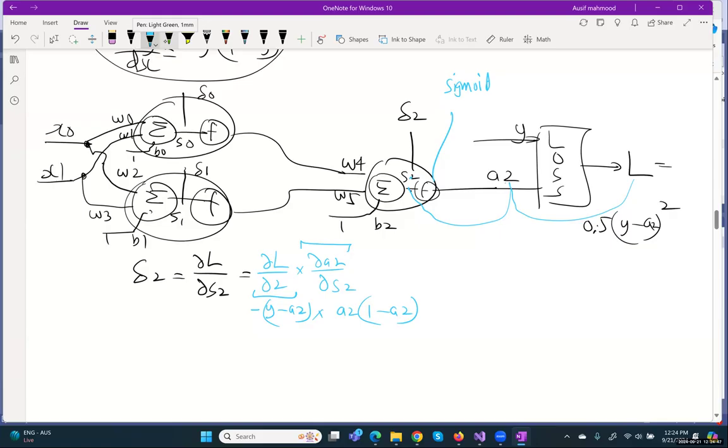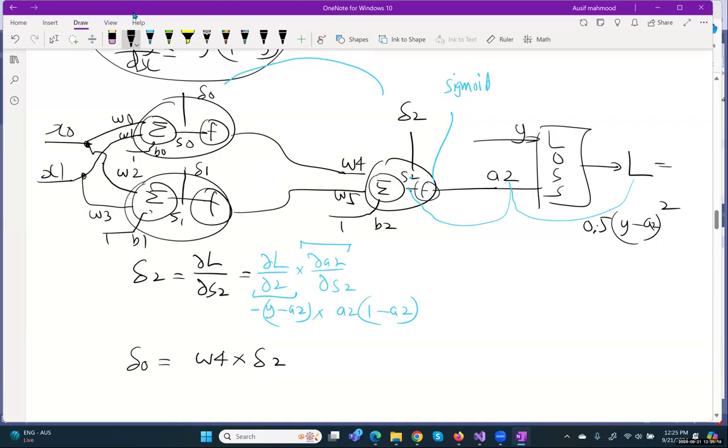So now let's see what is the relationship between delta 0 and delta 2. Previously, what was the relationship? Delta 0 was, what is the weight connecting these two? W4. So previously it was W4 times delta 2.